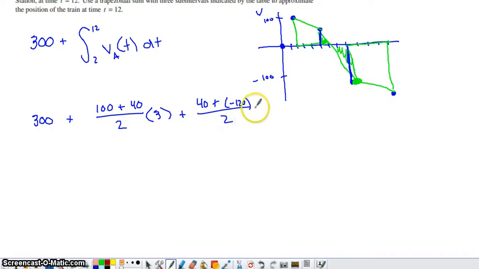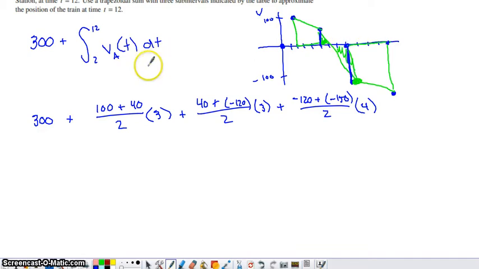And then over 2, so the average of those sides, and then times the distance between, and it goes from 5 to 8 along the t-axis, so that's going to be 3 again, and then plus the area of one more trapezoid, and the height here is v of 8, which is negative 120, plus the height here, which is negative 150, v of 12, divided by 2, and then times the distance between those parallel sides, and the distance between those is going to be 4. We go from 8 to 12 along the t-axis here.